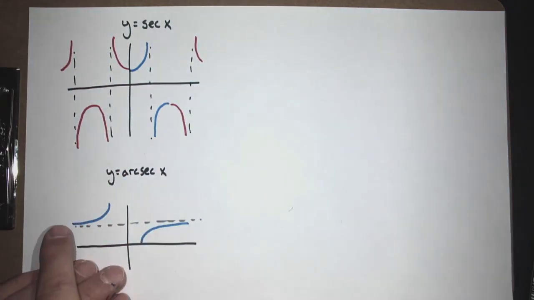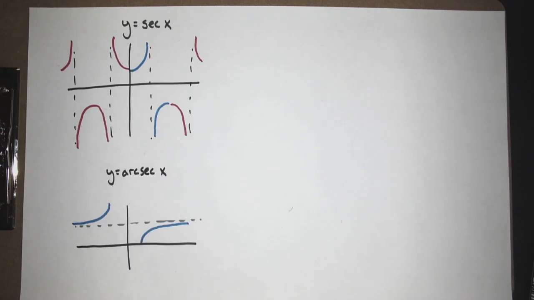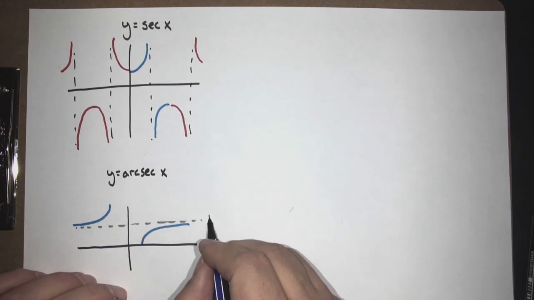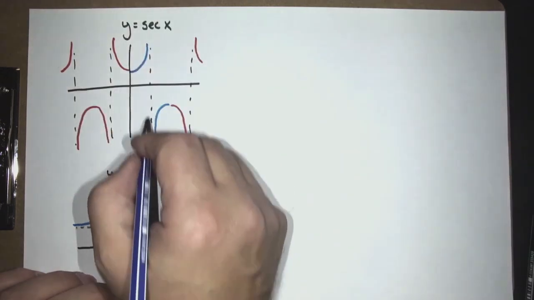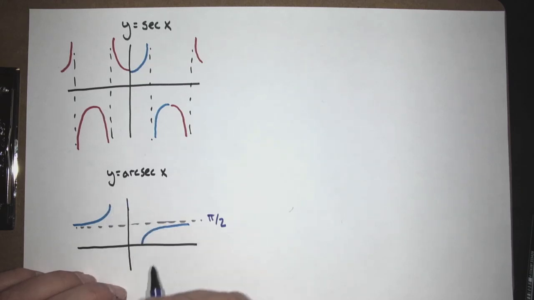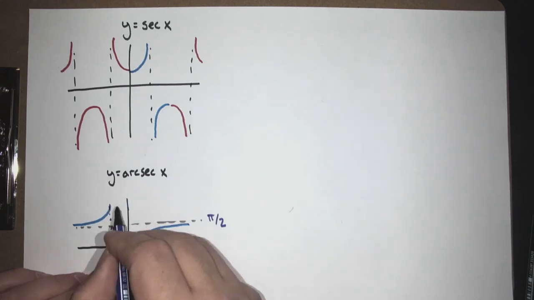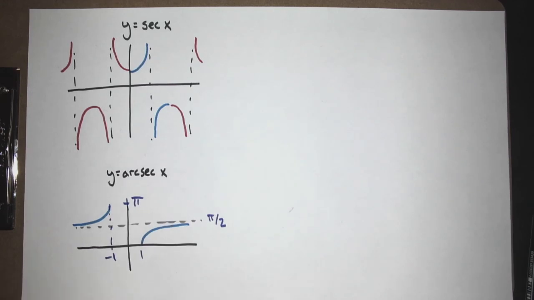So our arcsecant has this sort of curious shape to it. This asymptote here is at pi halves. Up here, this is at plus 1. This is at minus 1, and this is at pi, in case you wanted to know all these values, but generally speaking, we don't worry too much about it.